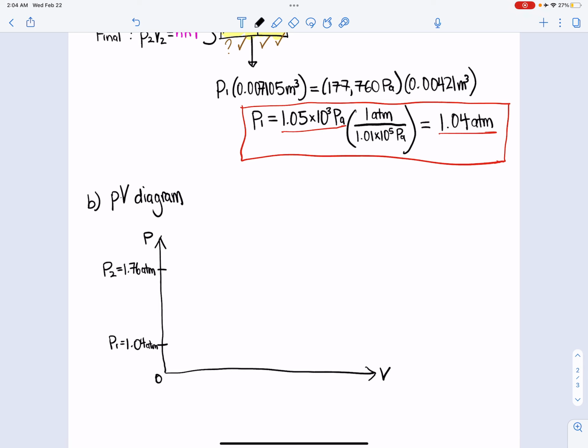Okay. And volume, our volume 1 was 0.007105 cubic meters, and volume 2 is equal to 0.00421 cubic meters. Okay.